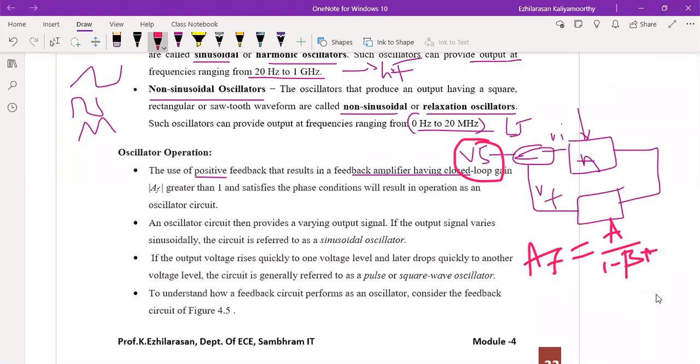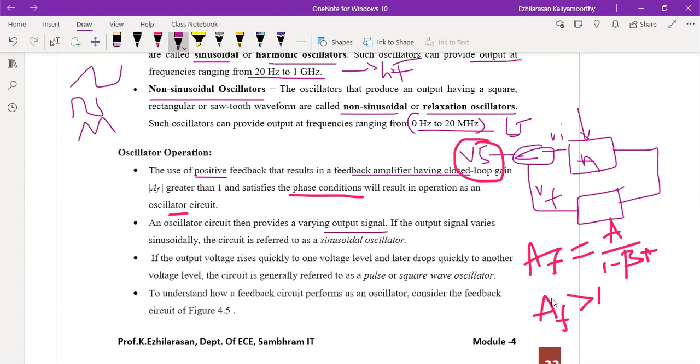So here the condition is that AF must be greater than 1, and then it satisfies the phase conditions and results in operation as an oscillator circuit. Further, the oscillator circuit provides a varying output signal.